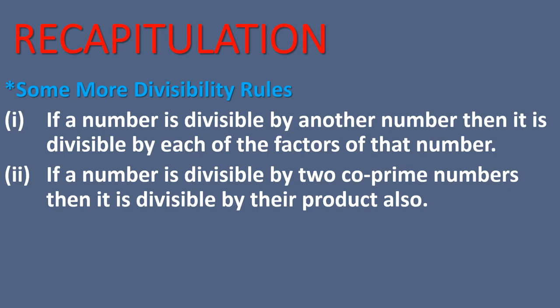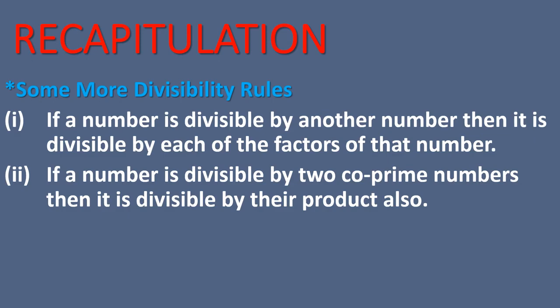Suppose a number 30. 30 is divisible by both 3 and 5, and 3 and 5 are co-prime numbers. So 30 is divisible by their product also, that is 3 multiplied by 5, 15. So if a number is divisible by two co-prime numbers, then it is divisible by their product also.